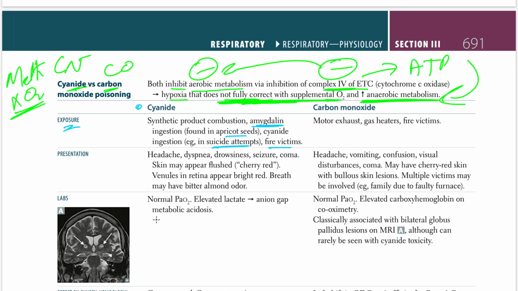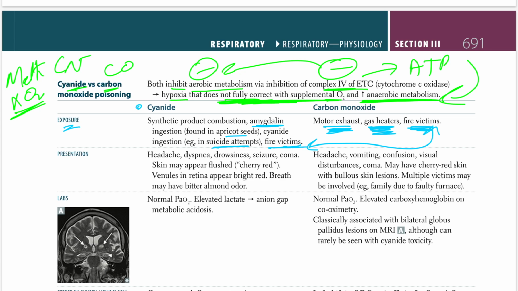And what about carbon monoxide? We are going to get this from motor exhaust, gas heaters, and fire victims. So fire victims are in both places, so we just have to see the features to divide them. The motor exhaust and gas heaters are the more common cause of carbon monoxide poisoning.